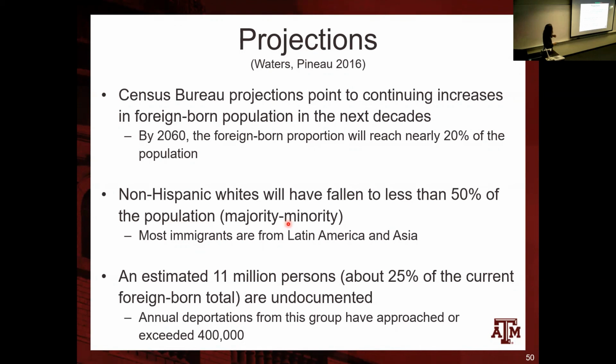An estimated 11 million people, about 25% of the foreign-born total, are undocumented. And annual deportations from this group have approached or exceeded 400,000. So 400,000 deportations per year of undocumented immigrants in the country. That's based on more recent data from 2016. Data for deportations and estimation of undocumented immigrants is always difficult; it is always based on data from encounters with border security agents.